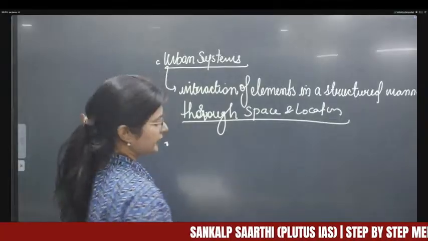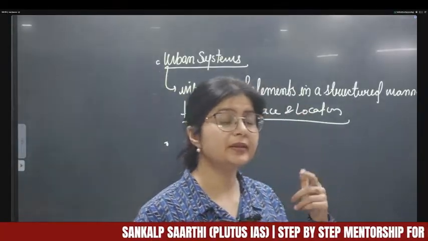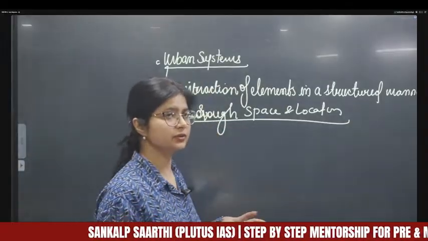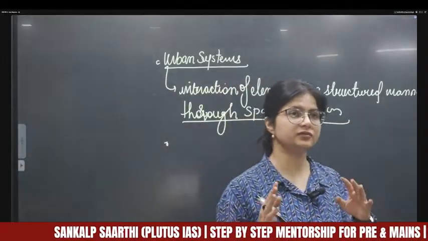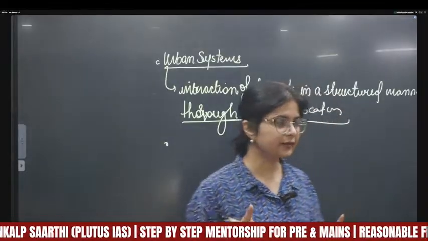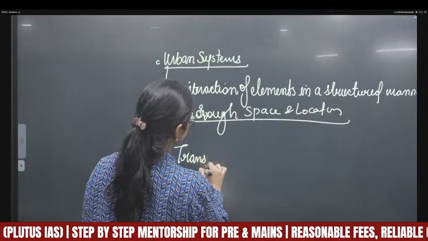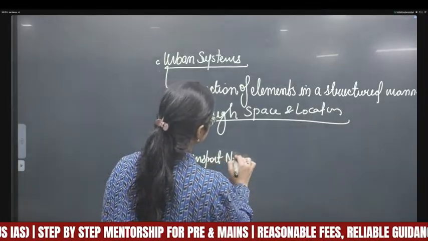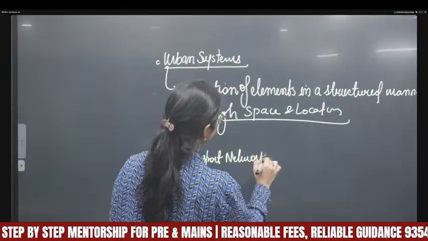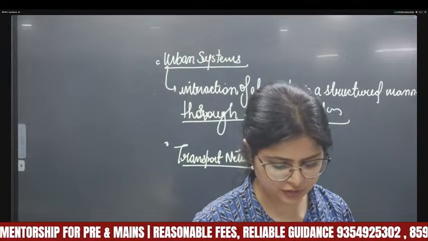Okay, next type लिखिए transportation network. यहाँ पे भी different elements are connected to each other, right? We could see a lot of structures in that. We could see a lot of planning in that, right? So write down transport geography or transport network. And in this also detailed structuring has been done. Okay, transport networks लिखिए, transportation network.